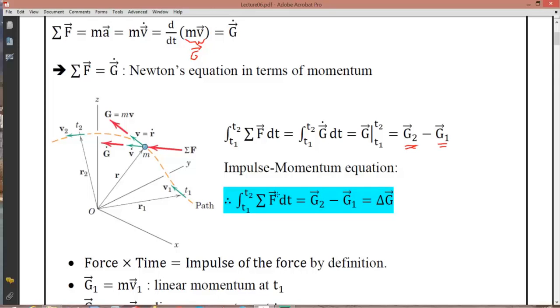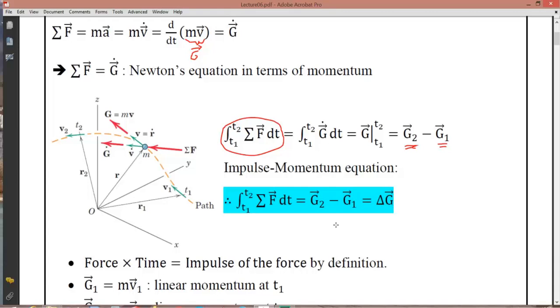And by definition, we call this integration the impulse of the force. Impulse of the force from t1 to t2 seconds results in the change of the linear momentum, delta G.